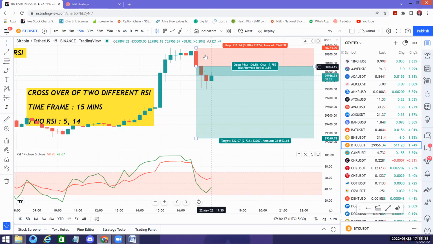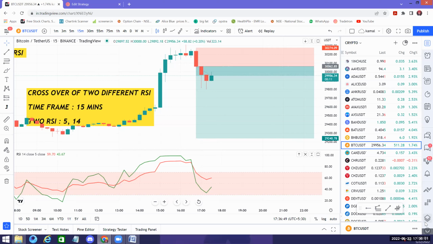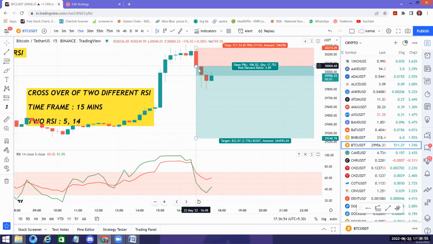But this will tell me it's a sell trade. Somebody who's not very greedy would have entered somewhere at 30,000 odd and would have pocketed close to 200 points out here.